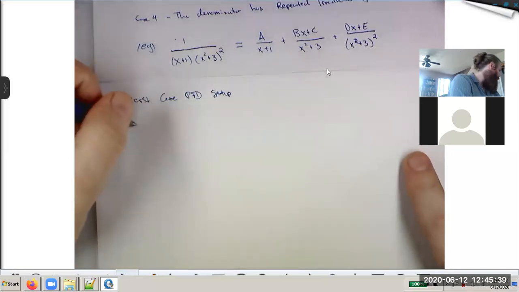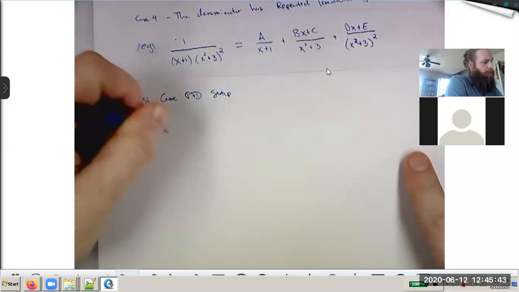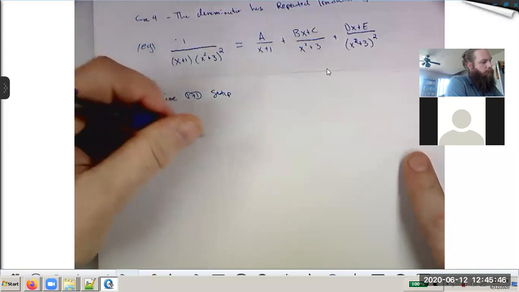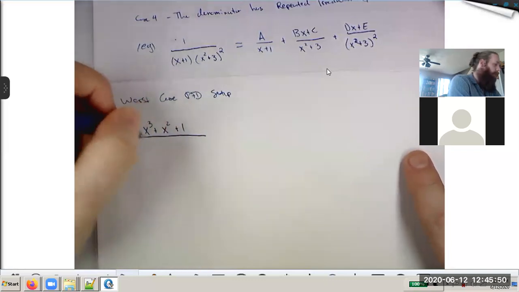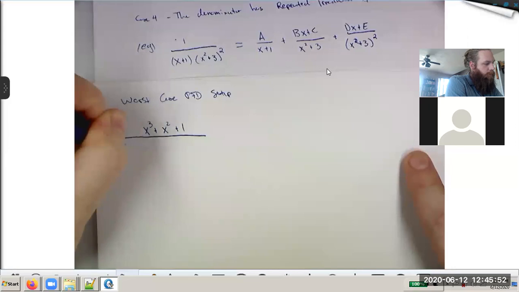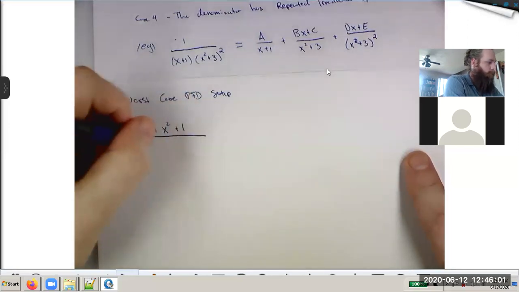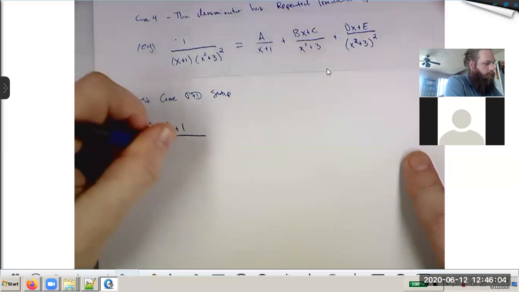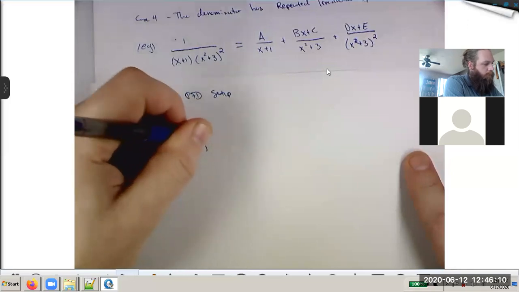Well, if I started with something like x cubed plus x squared plus 1 over x squared times x minus 1 times x squared plus x plus 1 times x squared plus 1 cubed.